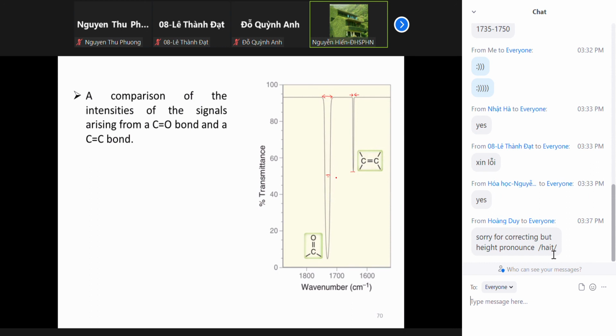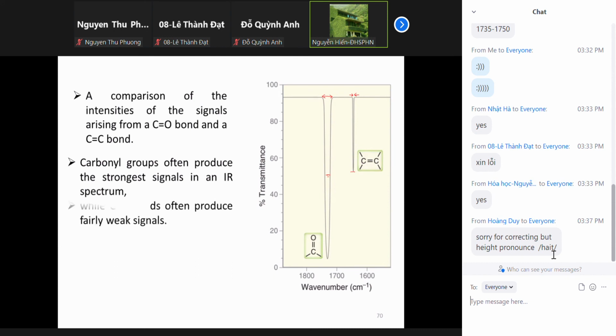And in this case, we say the CO double bond has a stronger intensity. In fact, carbonyl groups often produce the strongest signals in an infrared spectrum, while CC bonds produce weak or medium signals.